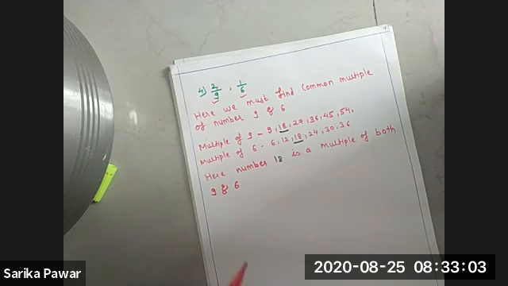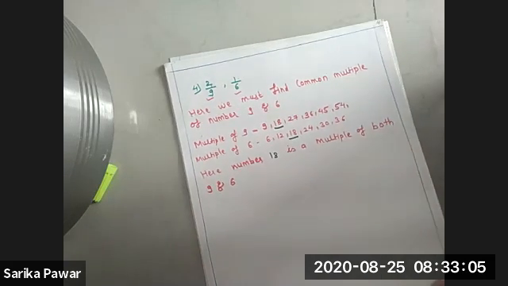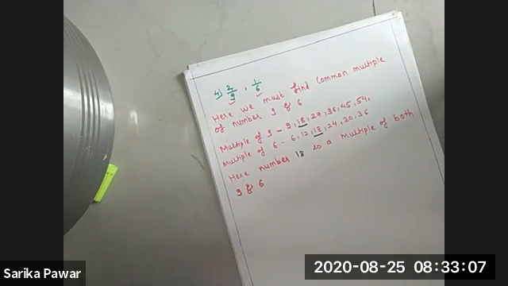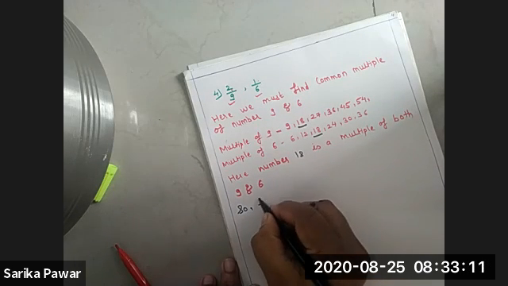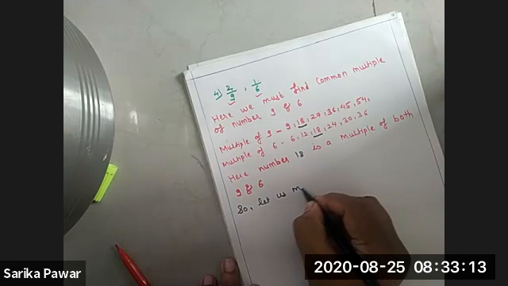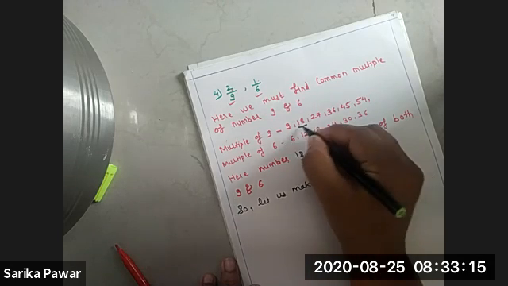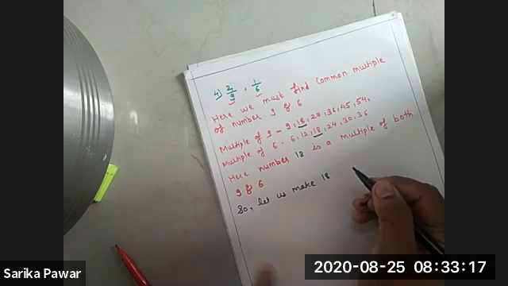So let us make 18 the denominator of both the fractions, because 18 is the common multiple from both the tables.